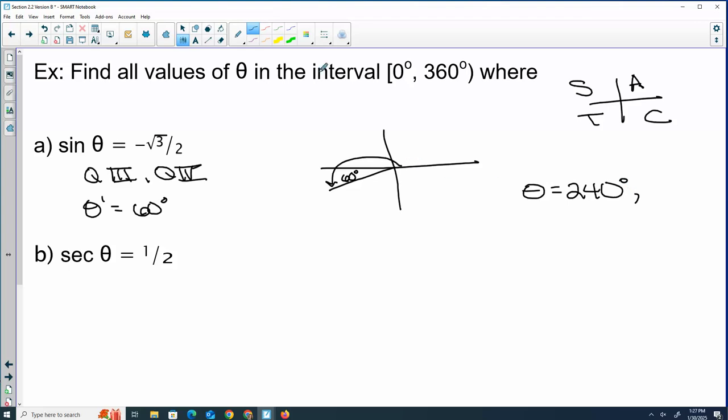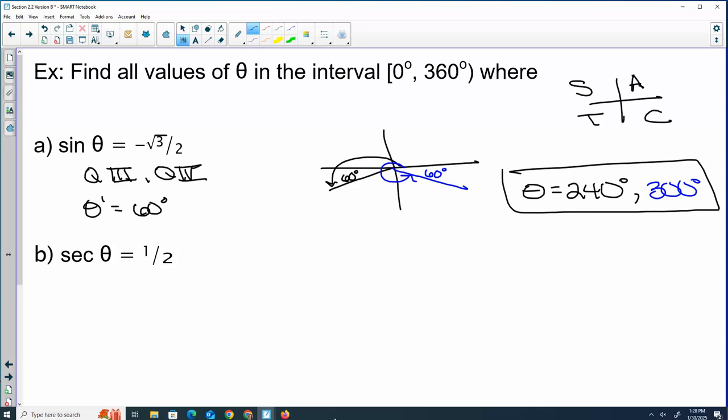Or if I were in quadrant 4 and my reference angle is 60, then the actual angle from here to there, we would have to do 360 minus 60 and we would get 300. So the 2 times sine is going to equal negative radical 3 over 2 are at 240 degrees and 300 degrees.